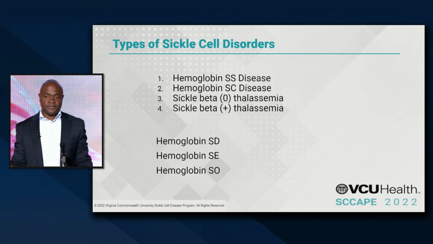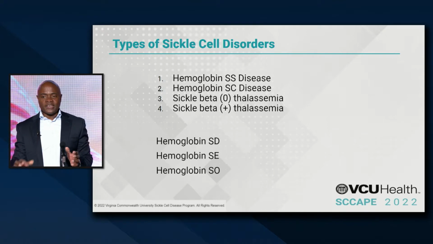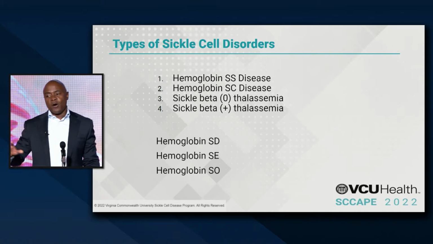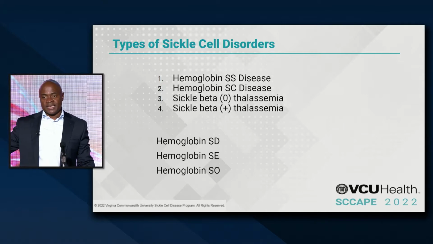But there are others with different designations: sickle D, sickle E, and sickle O. And what determines those other variants has to do with where the genetic mutation occurs and how it changes that protein molecule, how it changes two of those four chairs. It changes it in a slightly different way.